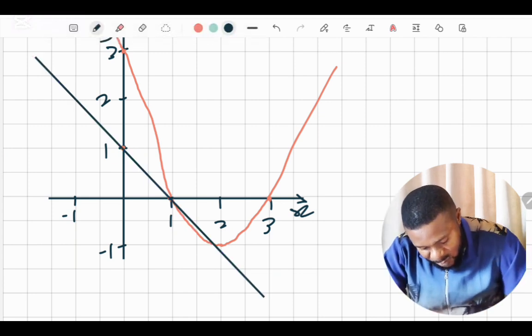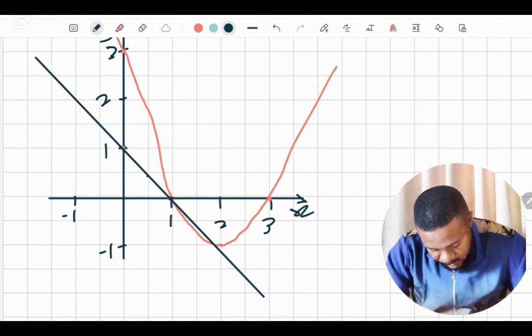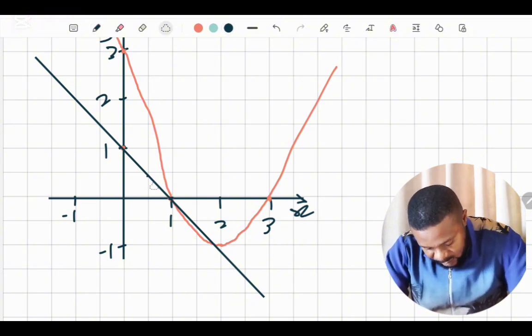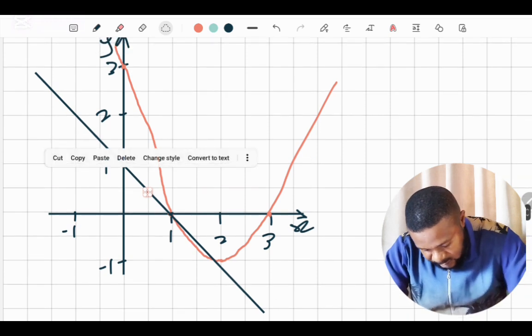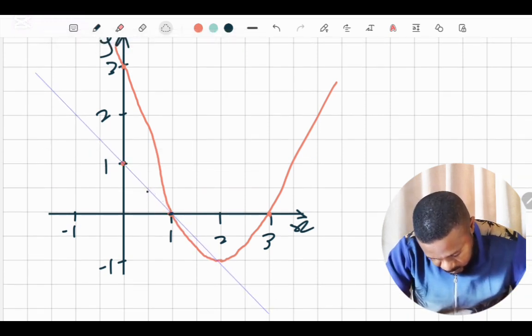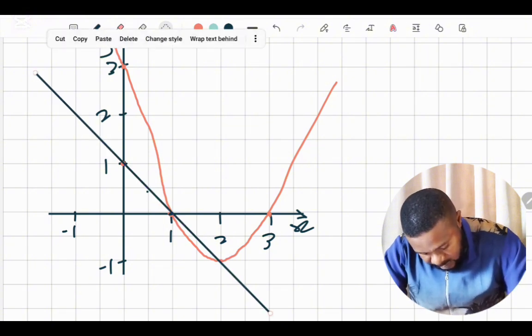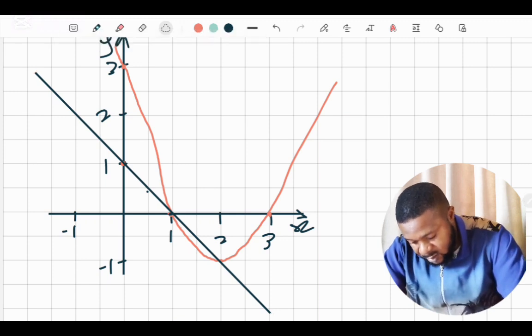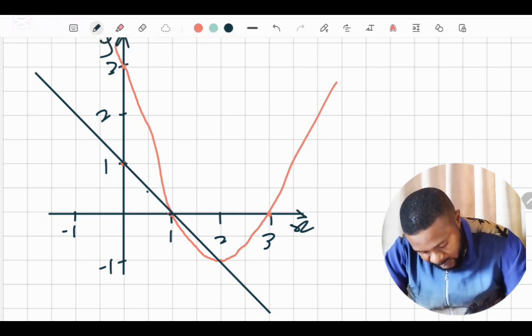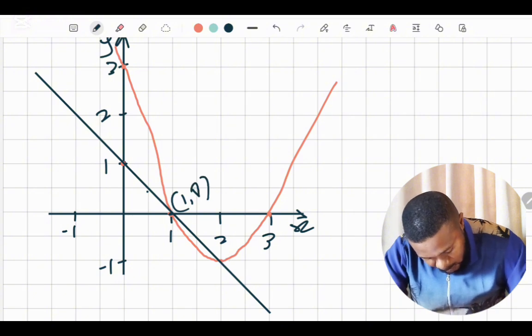From here, you can see, like I told you, that the intersection points give us the solution. Let's make sure that this enters perfectly. Yes. So you can see that the intersection points on this graph are here and here. This one is (1, 0), and this point here is (2, minus 1).